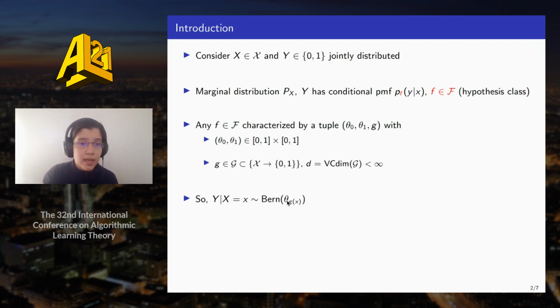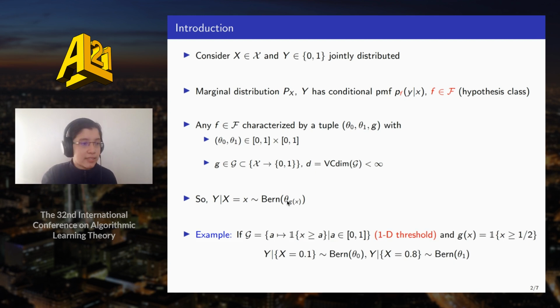So let's take a simple example here. If we choose the class of functions g to be the class of all one-dimensional thresholds, the function g(x) is 0 for everything less than some threshold a and 1 for everything greater than the threshold a. This is a classical example of a class of binary functions with VC dimension equal to 1.